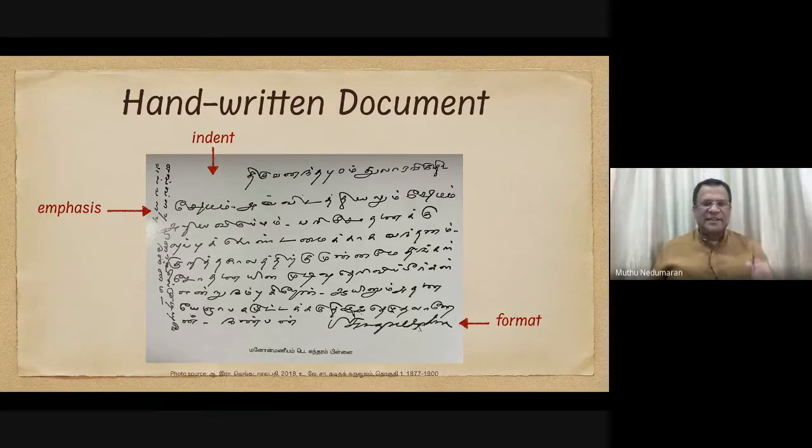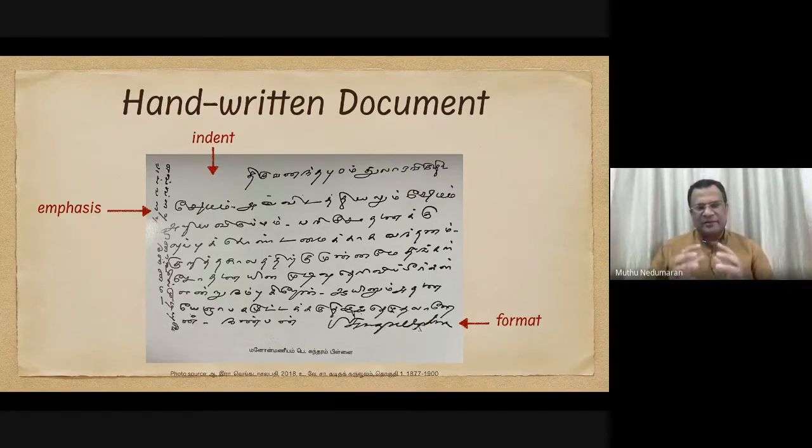So there's an emphasis. So all these messages are not in the letter, are not written, but they are presented in the way they are arranged on the document, right? So that's important.